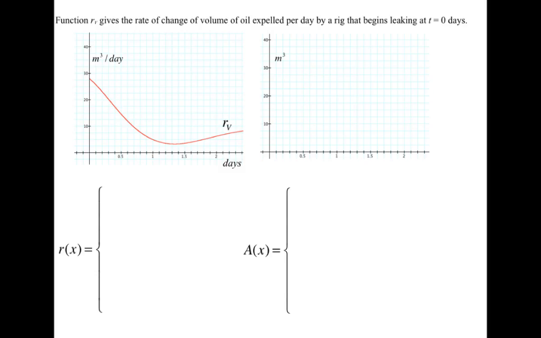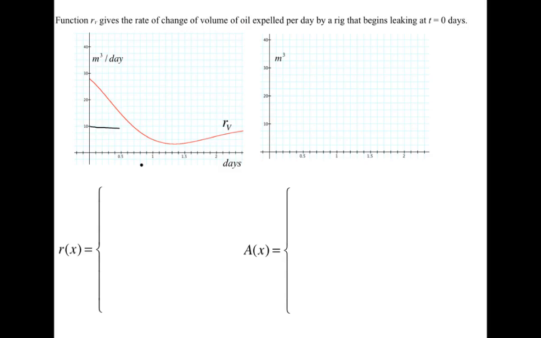Why is that bad? Why is that not a good assumption for a constant rate for the first 0.5 days?